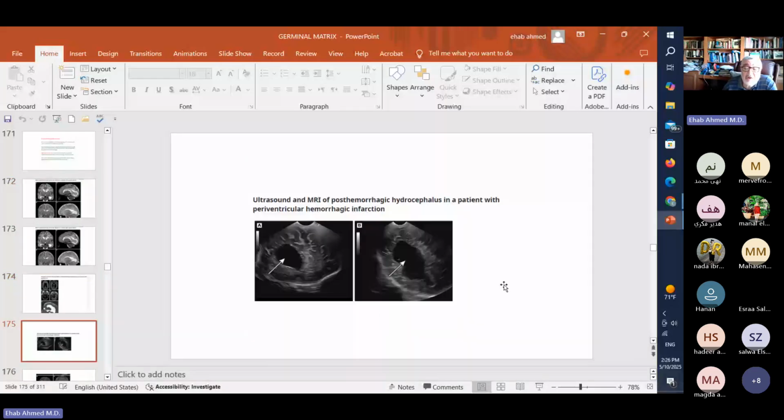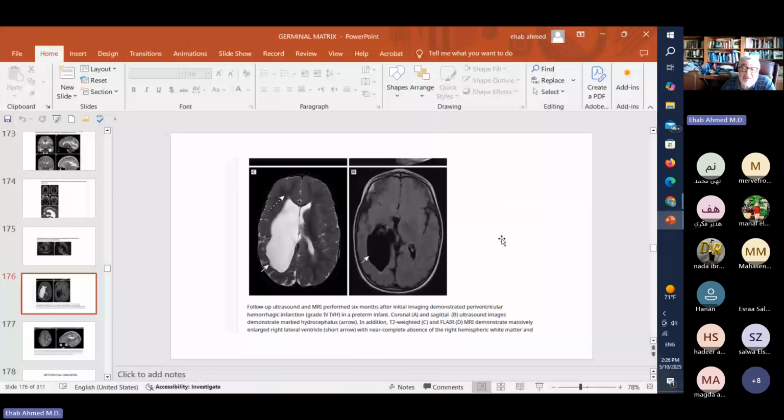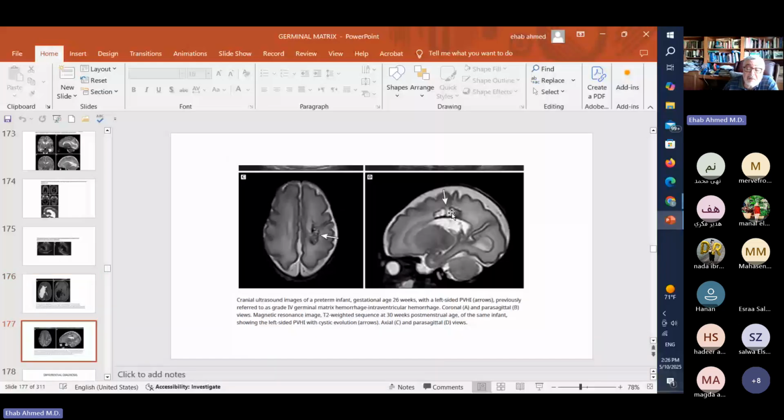And this is another dilatation, ultrasound and MRI showing dilatation. This is a post-hemorrhagic ventricular infarct in the MRI.